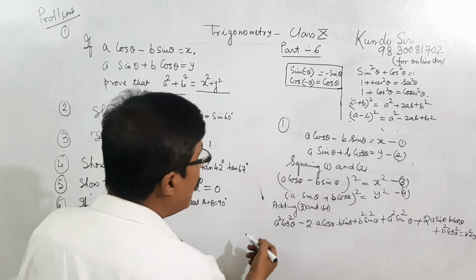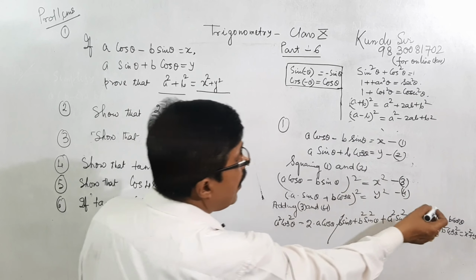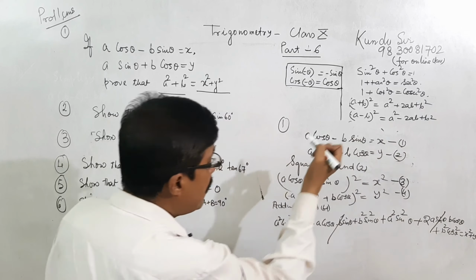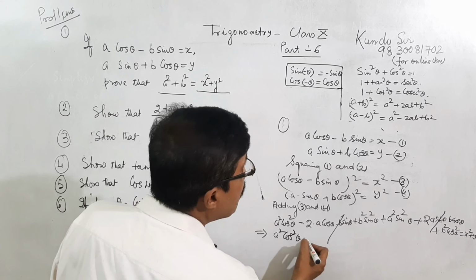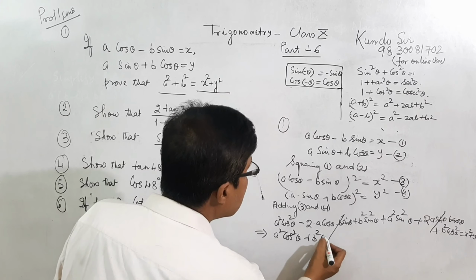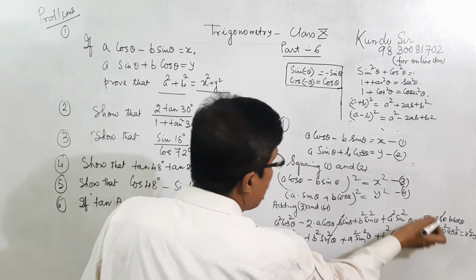So we are cancelling this term, this and this. What are we getting? a square cos square theta plus b square sin square theta plus a square sin square theta plus b square cos square theta equal to x square plus y square.